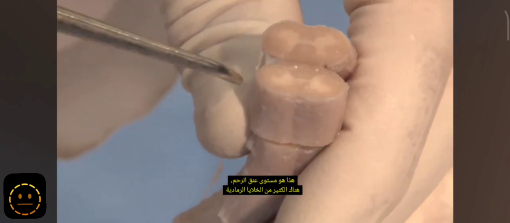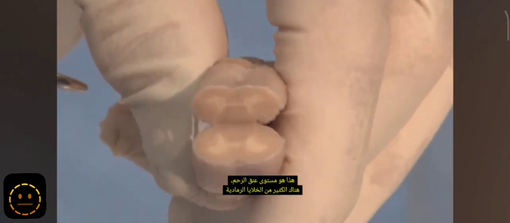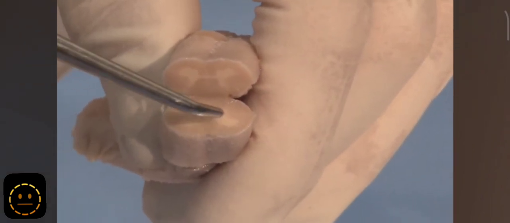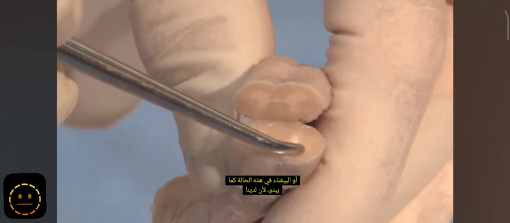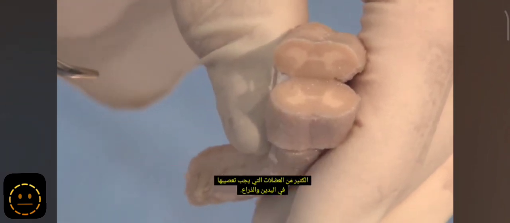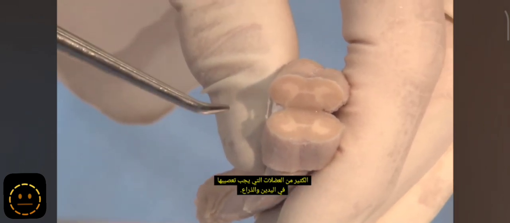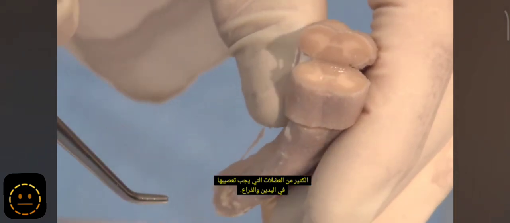And at each level, this is the cervical level, so there's a lot of gray, or white in this case as it appears, cells, because we have so many muscles to innervate in the hands and in the arm.